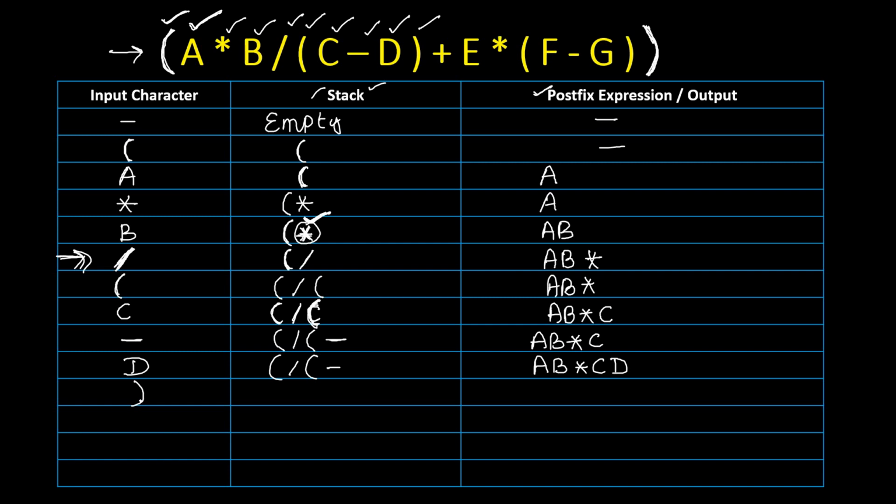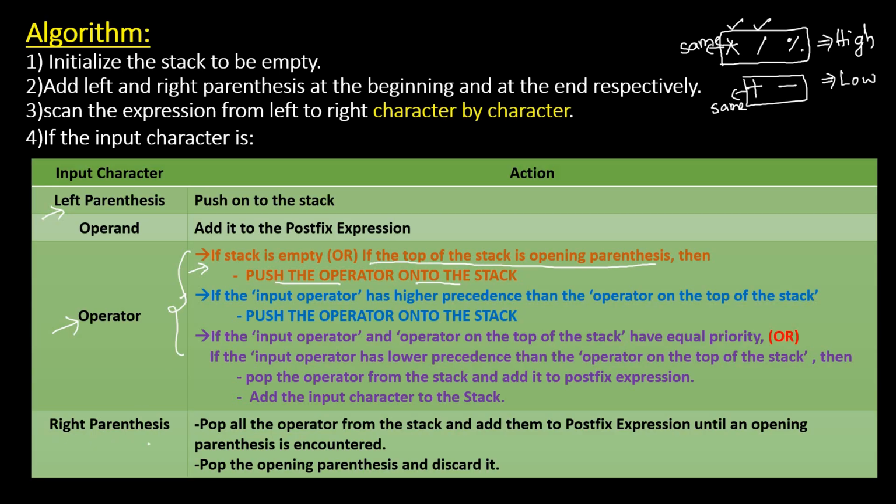So go to the algorithm. So closing parenthesis or right parenthesis, both are the same. So we have two steps to follow. The first one is to pop all the operators from the stack and add them to the postfix expression until an opening parenthesis is encountered.